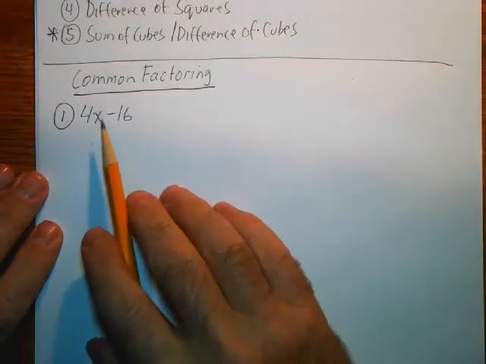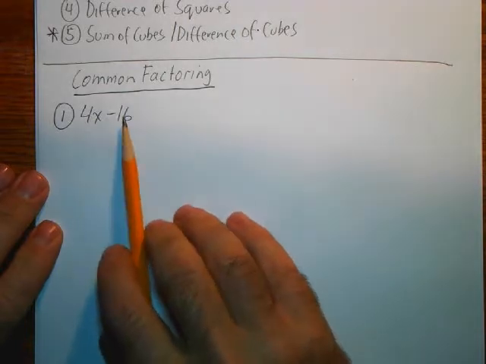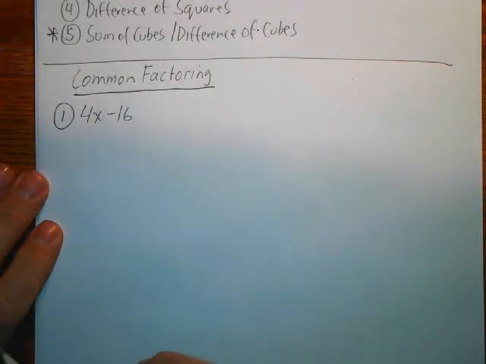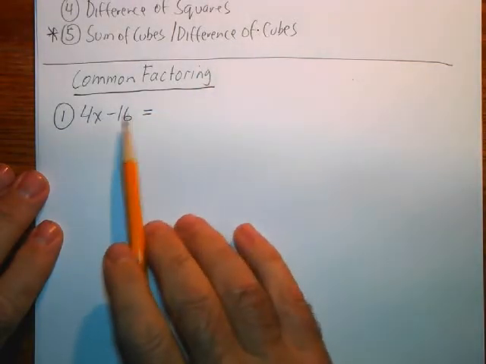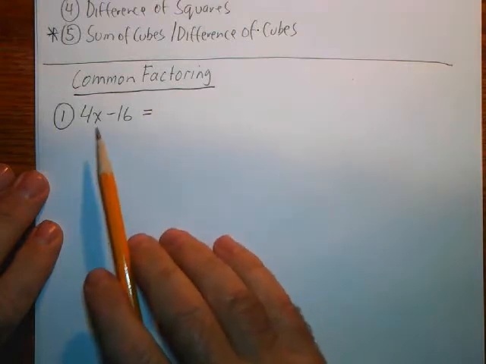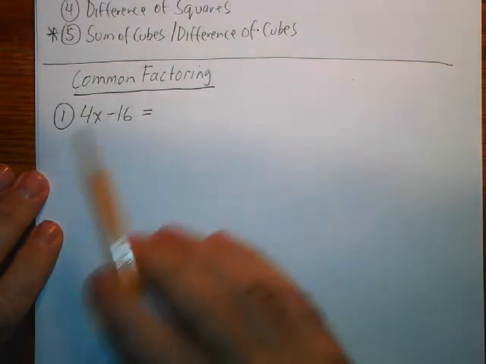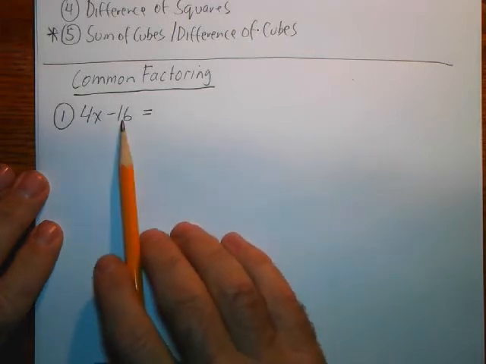okay, when you're common factoring, you're looking for a term that you could divide evenly into all the terms of what you're trying to factor. So in this case, if you want to break it up at first, after you've done this a while, it becomes very quick. But if you're just reviewing this, you look at the numbers first, the number parts of the terms.